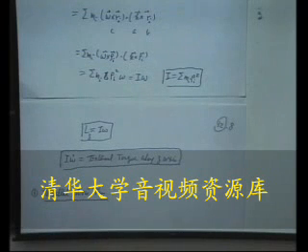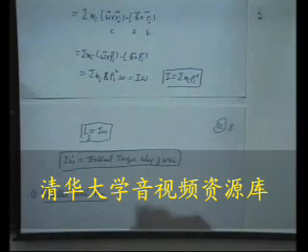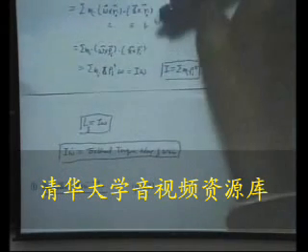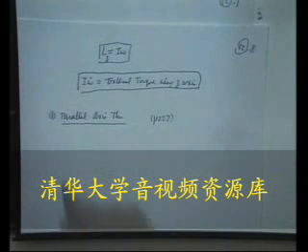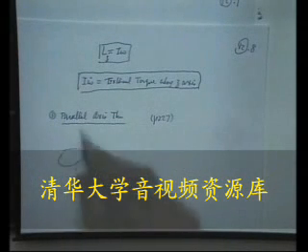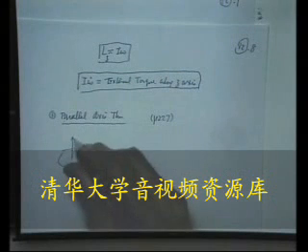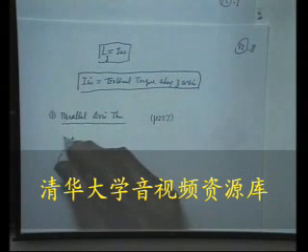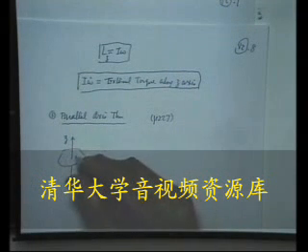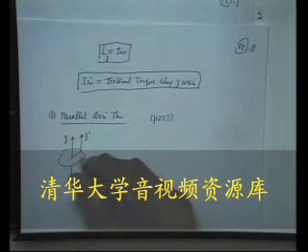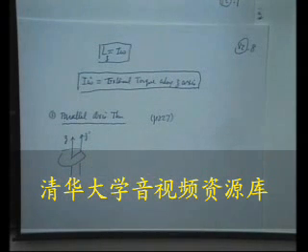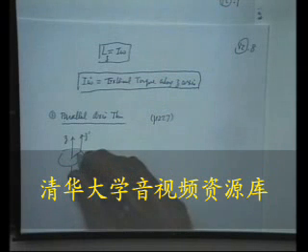The book talks about the parallel axis theorem. It's on page 227. If you have a body, here's an axis, here's another axis. Consider two parallel axes.